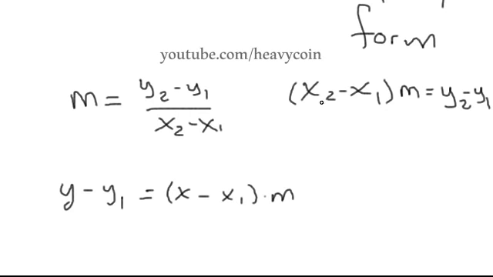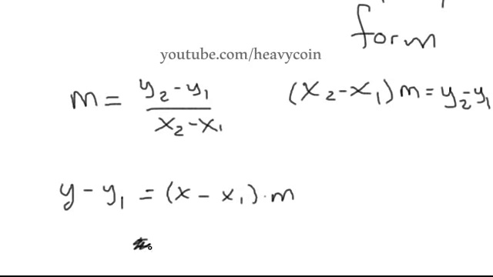So I just kind of flipped it around and I went ahead and set this x2 and y2 just for y and x. Alright, so this is our point-slope form right here. This is the point and then the slope. And of course, you can always take this y1 over to the other side, solving for y. So these are kind of the two forms. Sometimes you're just given this, you want to find m or you want to find y.